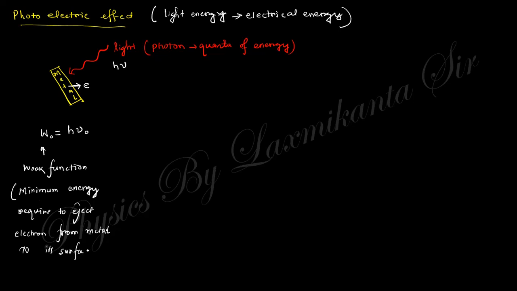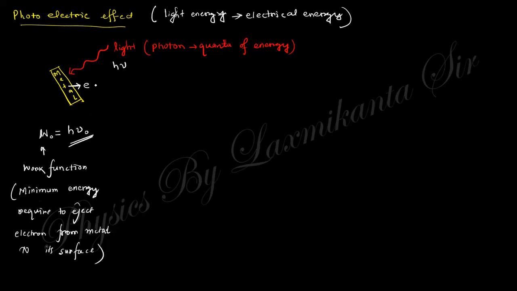This is known as the work function. The work function is the minimum energy required for the electron to come from this metal to its surface. So this amount of minimum energy is required to eject the electron, or for the photoelectric effect to occur in that metal. There will be a different value for different metals. So this is the minimum energy.